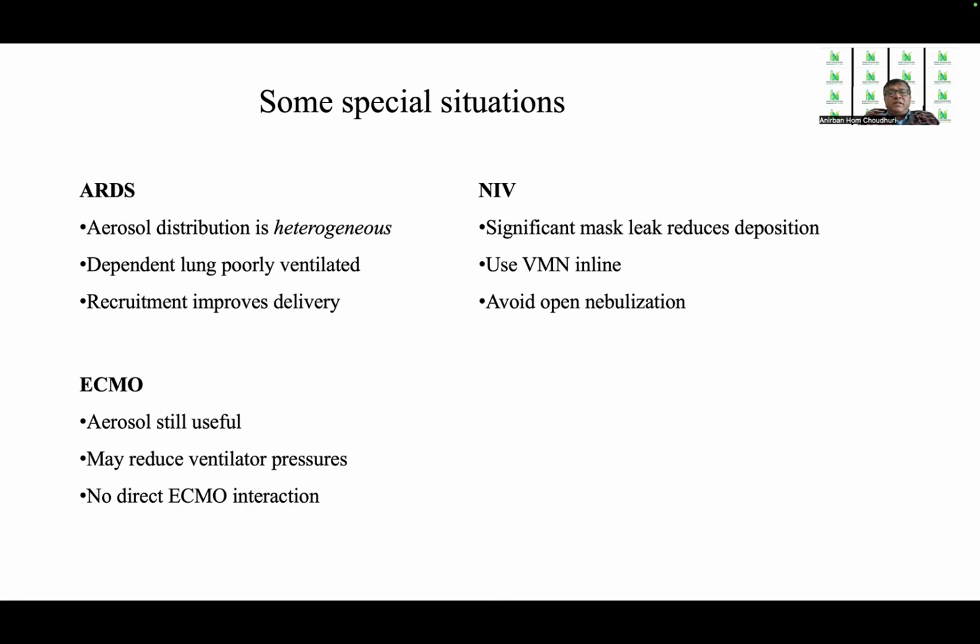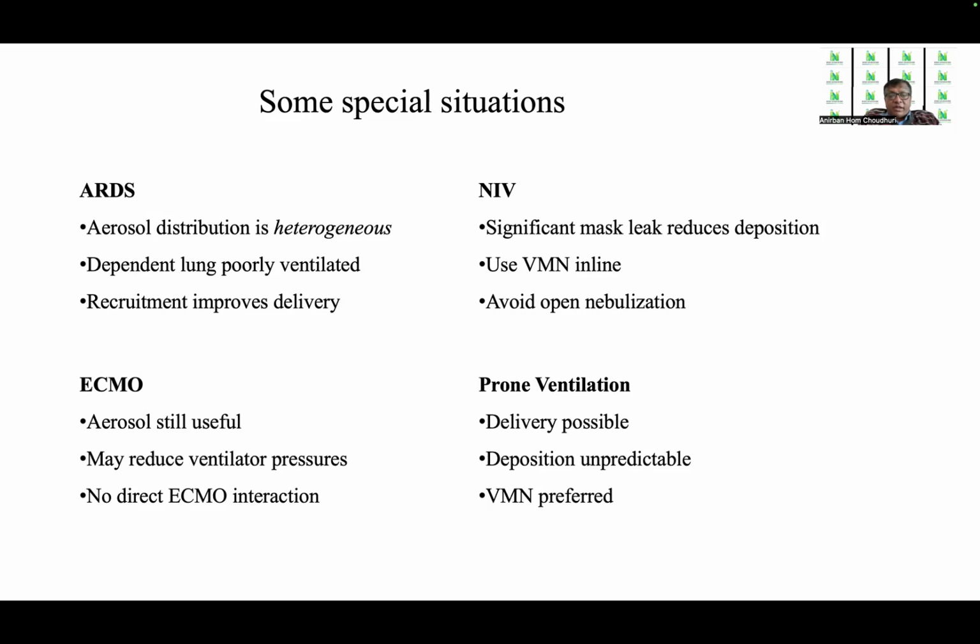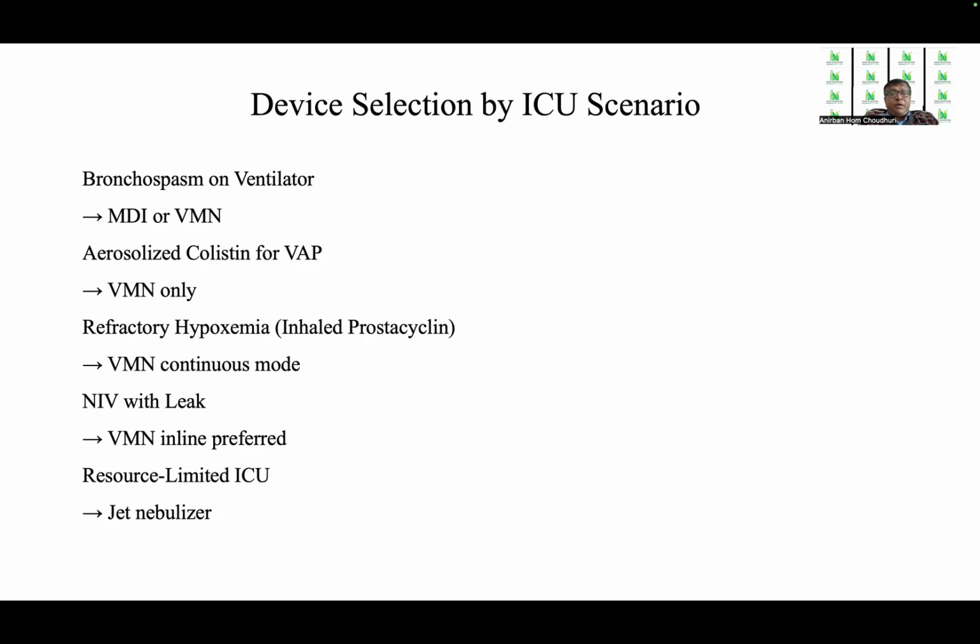With NIV, significant mask leak reduces the deposition of the drugs. Use the vibrating mesh nebulizer inline and avoid open nebulization. In prone ventilation following ARDS, delivery is possible, but the deposition is unpredictable. And if it is to be used, the vibrating mesh nebulizer is to be preferred.